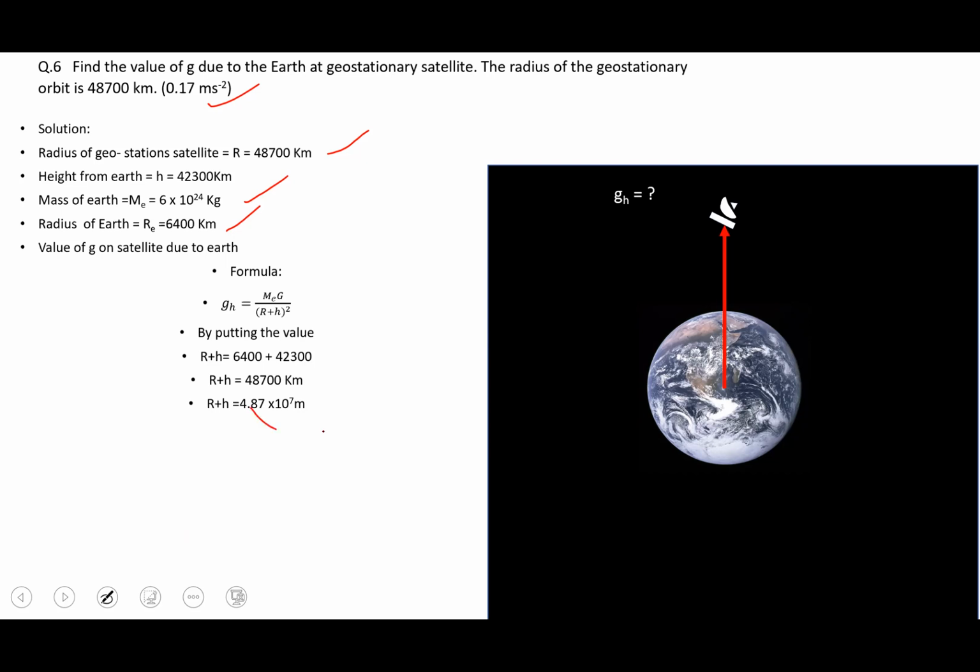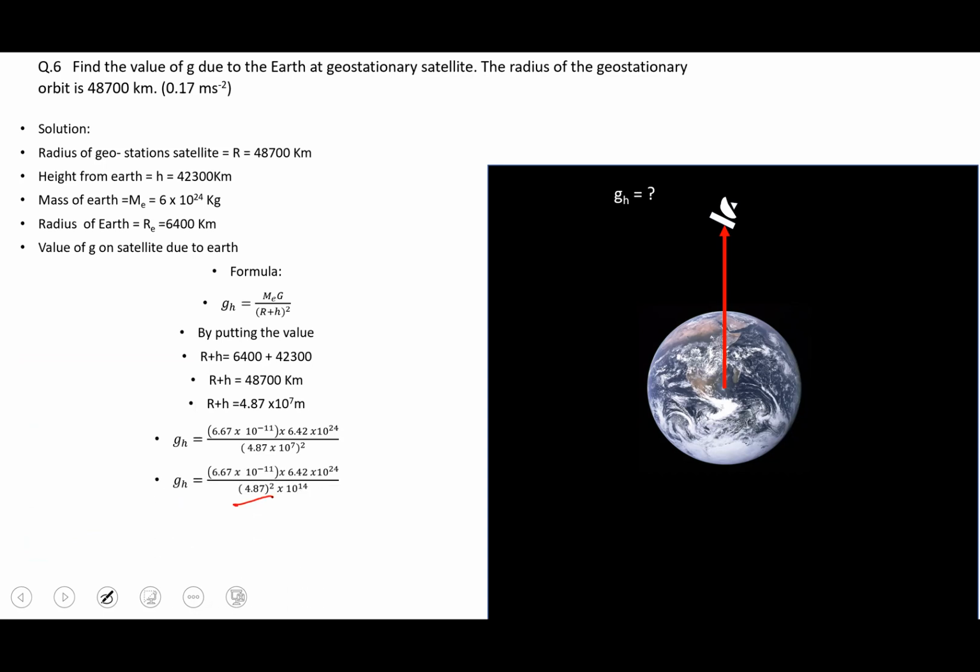Now putting this value of R plus h in this formula to find the value of G, what do we get? We get g_h is equal to 6.67 into 10 to the power minus 11 into 6 into 10 to the power 24 divided by the value of R plus h, which was 4.87 into 10 to the power 7, and taking the square of it. So what is the answer for this one? Let's solve this one.